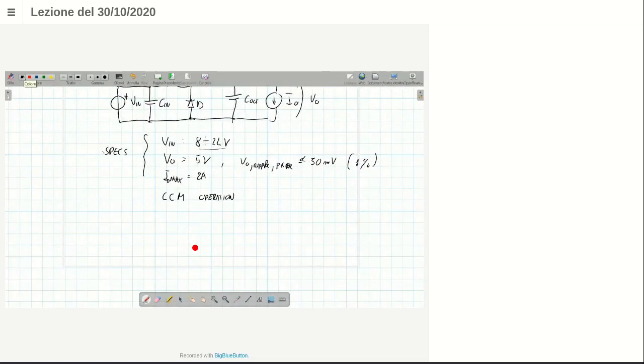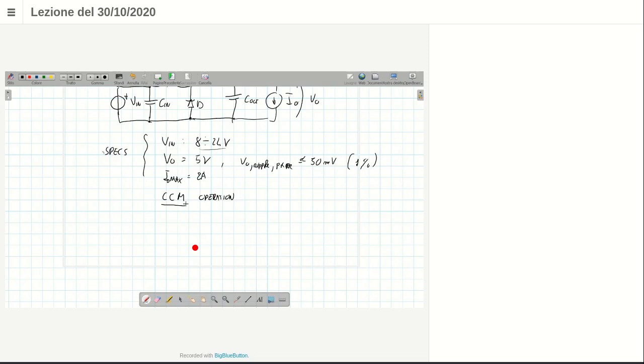Of course, if you have any comment, any question, please write in the chat so that I can immediately answer. Okay. So the first requirement is that the converter should be operated in continuous conduction mode.